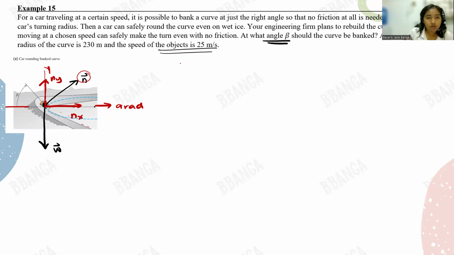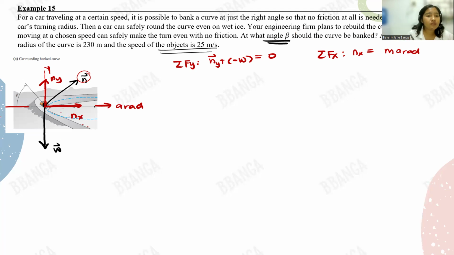So, yung magiging equation natin, summation of force along y, which is N plus negative W, walang acceleration sa y, so this is simply equal to 0. And yung x natin is simply Nx, no? So may Nx tayo, positive, is equal to, may acceleration tayo sa x, itong a-rad natin. So this is equal to positive m a-rad.